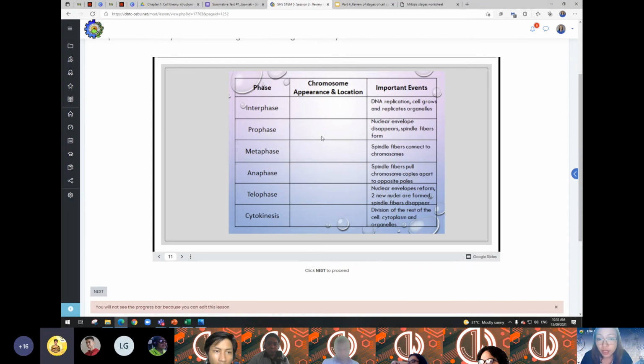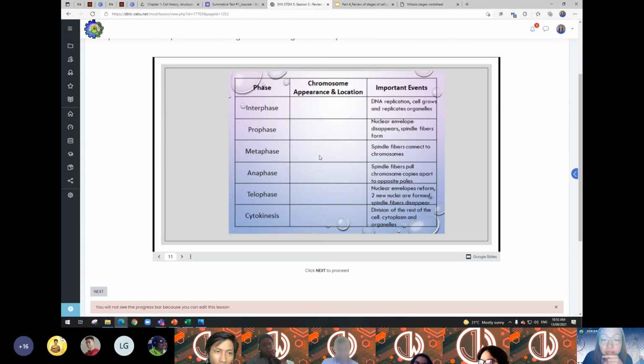Okay, good. In prophase, the nuclear membrane disappears, and the appearance is chromosomes.